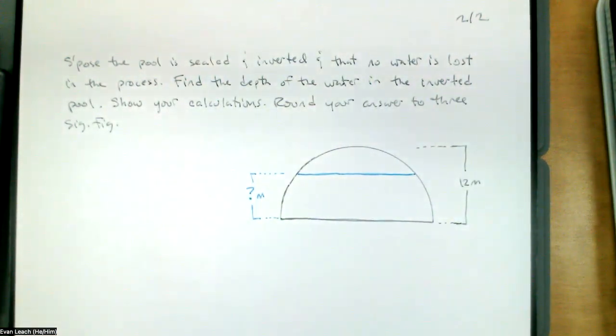So we want to find the depth of the water in meters, and I want you to round to 3 significant figures rather than 5. Once you figure out one way to solve this problem, you'll know why I dropped from 5 down to 3.